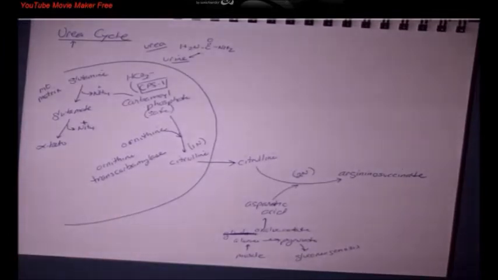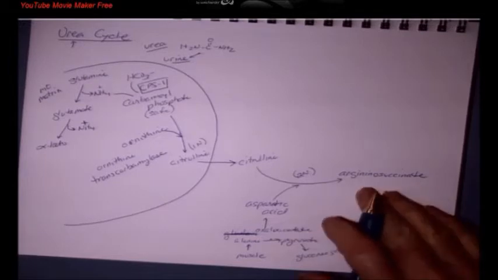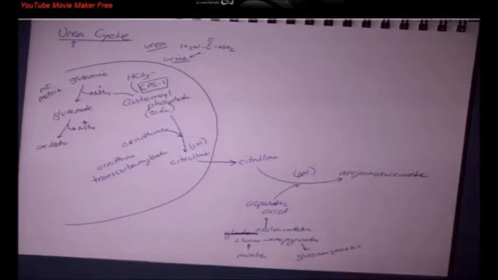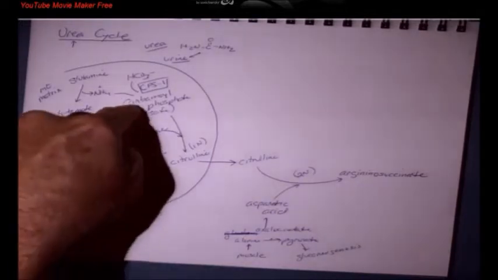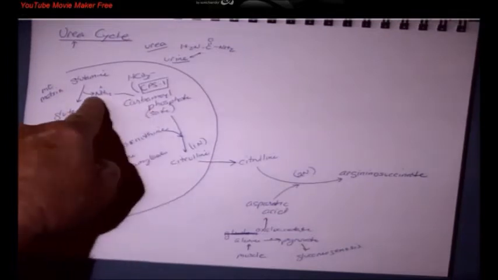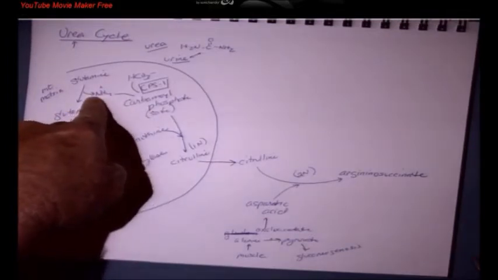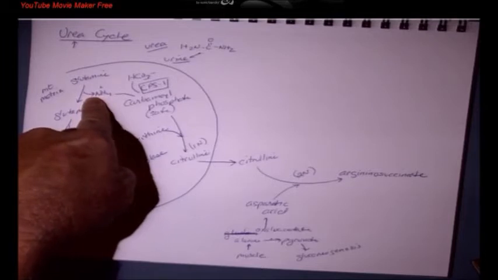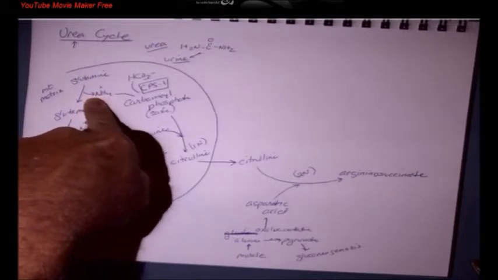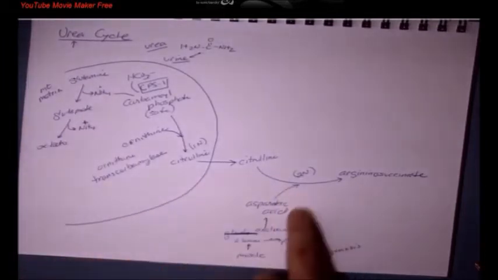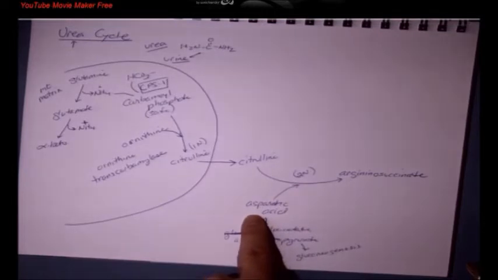So again, all this structure is an amino acid-like molecule that is carrying the nitrogen as it's being processed around the cycle. So the first nitrogen comes from our carbamoyl phosphate, from our ammonia release reactions. And then the second nitrogen is coming from our aspartic acid.